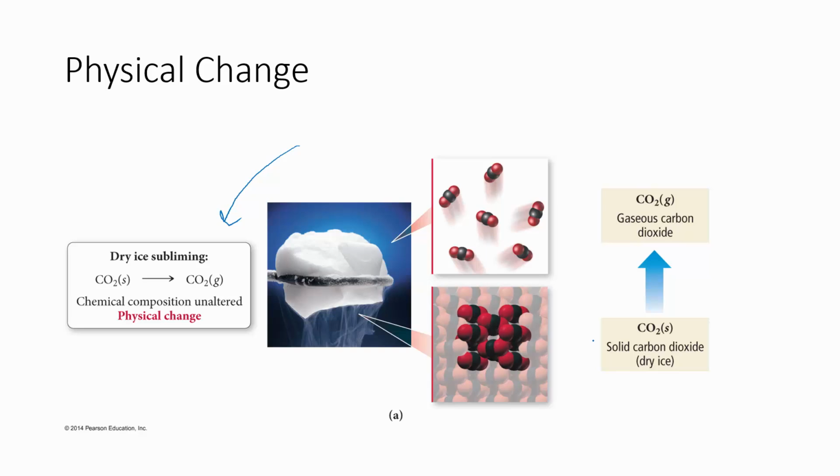So dry ice, if it's warm enough, will sublimate, meaning go directly from a solid to a gas. If we actually cool down CO2 gas again to a cold enough temperature, we will see the reverse process occur, where we get a change in state, a physical change, back from gas back to a solid.